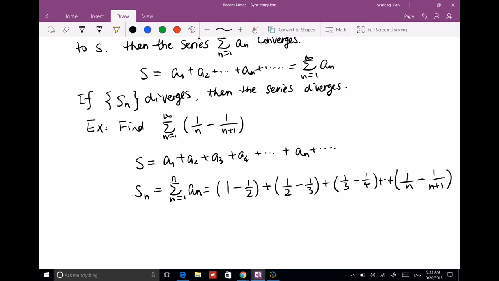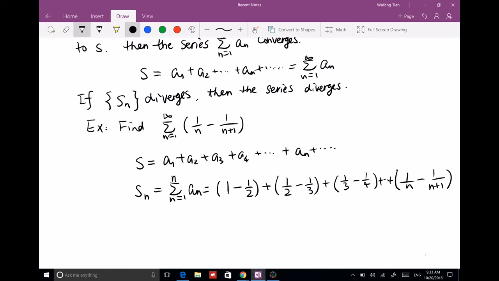That makes sense, right? So the first n terms are added together. The first one is 1 minus 1/2. The second one, n equals 2, is 1/2 minus 1 over 2 plus 1. The third term is 1/3 minus 1/4.